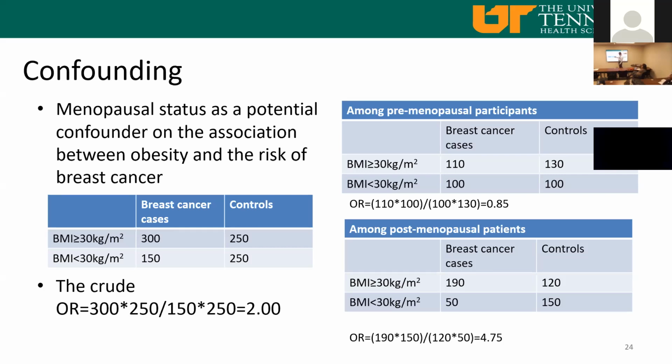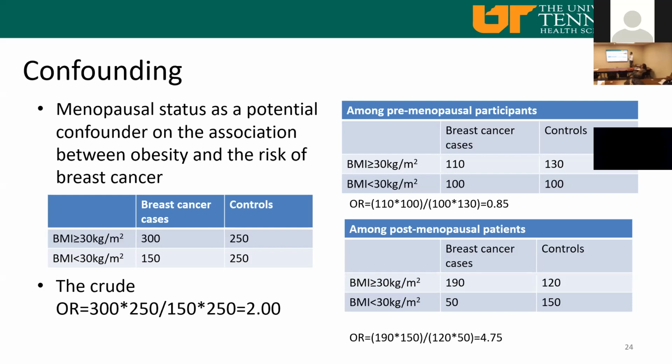And we have about 300 breast cancer cases who have BMI greater than 30 kilogram per meter square, and about 150 among those with BMI less than 30. And in the controls, we have about the same. And the crude odds ratio of BMI, in this case obesity, is about 2. So this is a crude analysis.